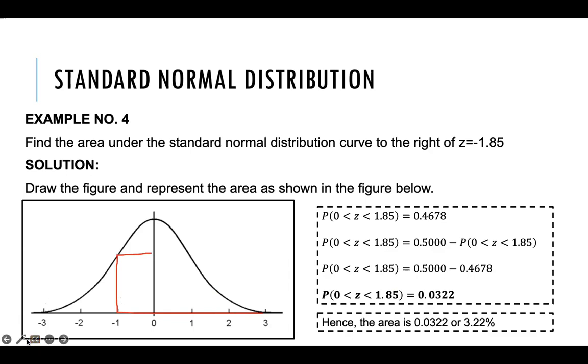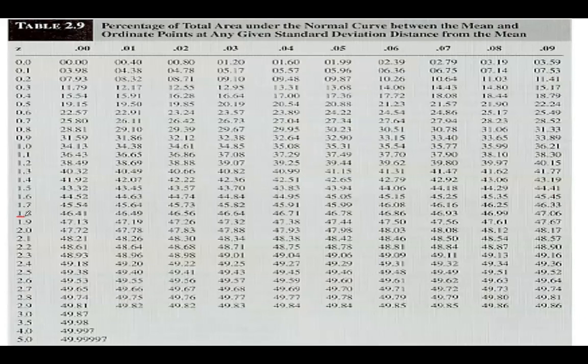So this is negative 1.85 to the right. So the probability of the area to the right of negative 1.85 is 0.4678. Let's check that in the table, 1.8 and then 5.